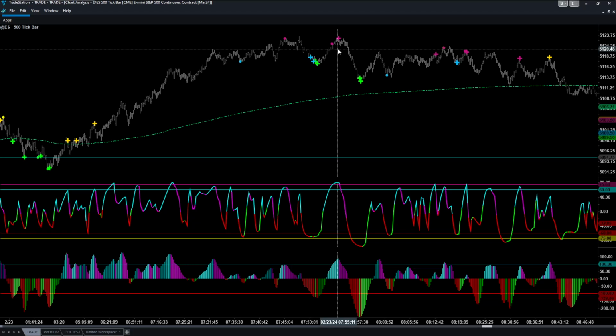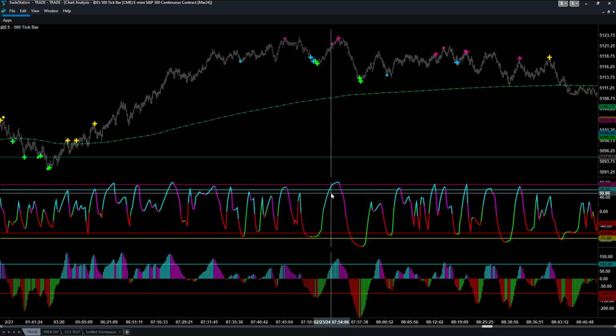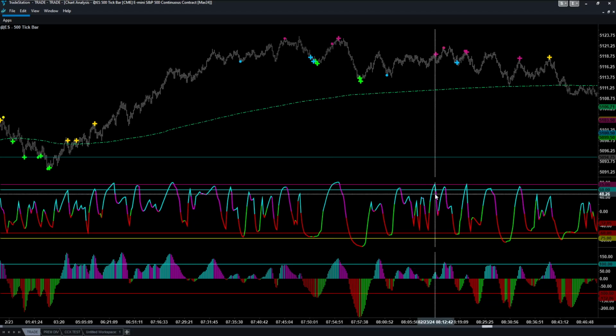Now we've got another pivot point here, but this corresponds to this pivot here. So again, once we breached, that pivot point was found, but the divergence takes place over here because here we are pivoting above the threshold and coming down.